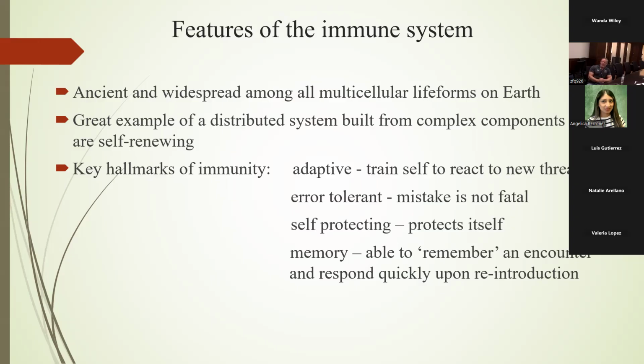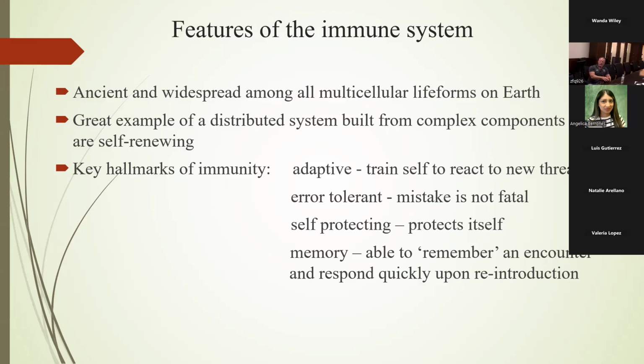So some key hallmarks of immunity and the immune system in general is that it's very adaptive. The immune system is able to train itself to react to new threats. And we'll talk a little bit about how this happens in a moment. If you think about, we've talked about sending people to other planets. We've already sent people to the moon. We're talking now about colonizing Mars. That's Elon Musk's big deal, Occupy Mars.